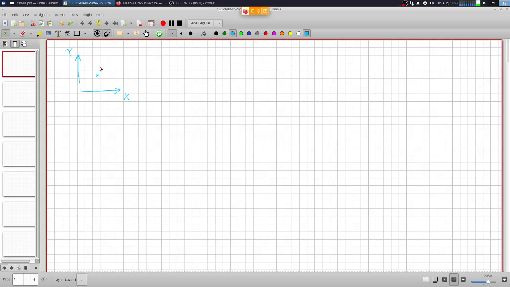If I have a point P defined as x, y, I can always define another frame of reference, x prime, y prime, and the coordinates of point P would be x prime, y prime.